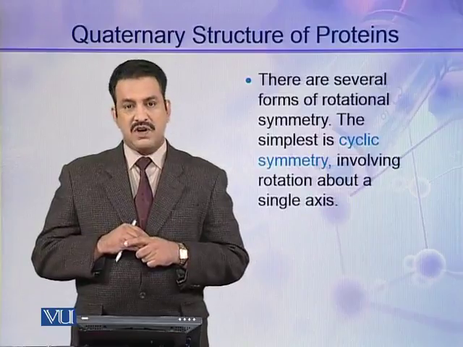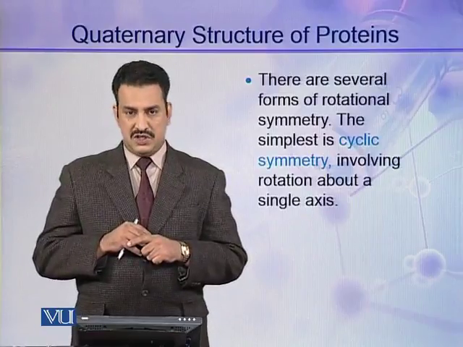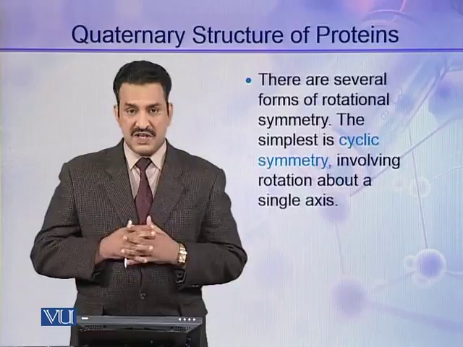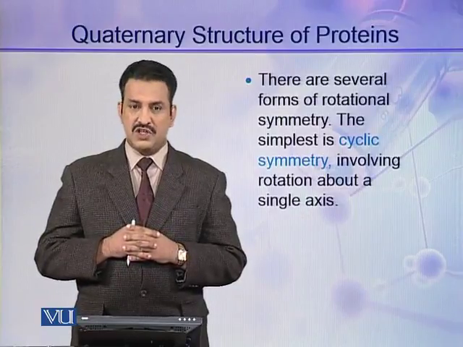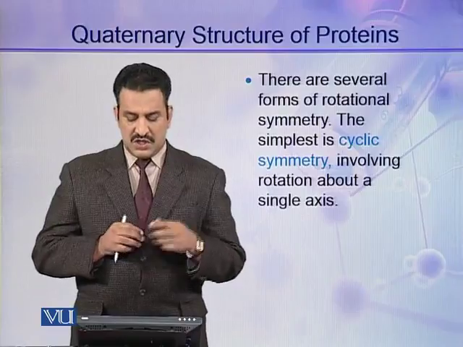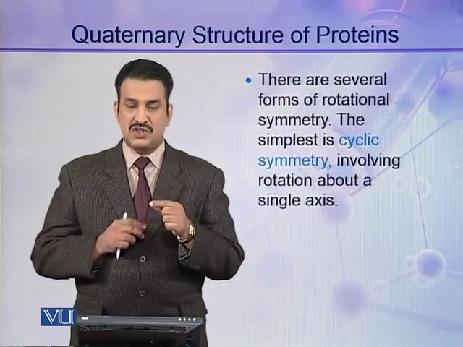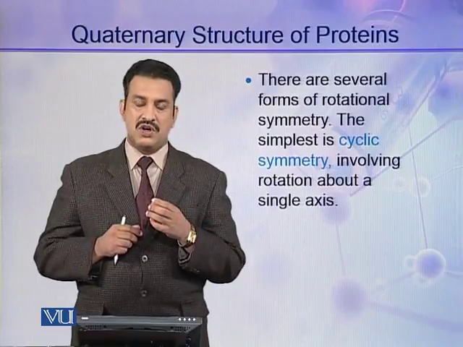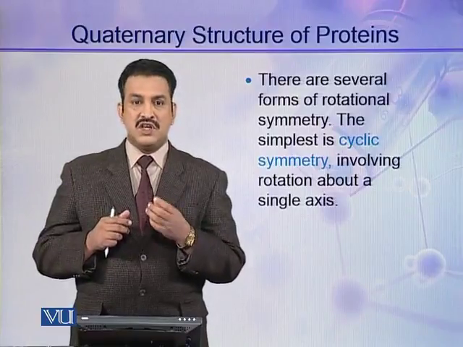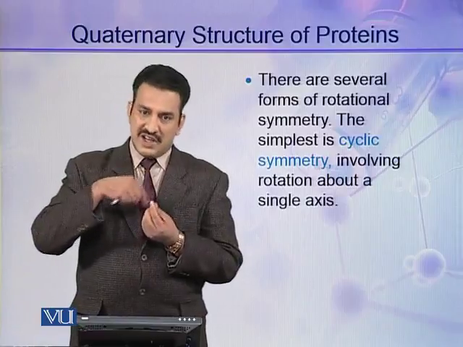There are several forms of rotational symmetry, and the simplest is cyclic symmetry. In cyclic symmetry, there is a single axis of rotation. That means the protomers rotate around a single axis.